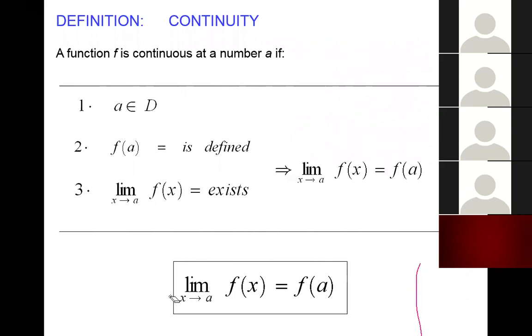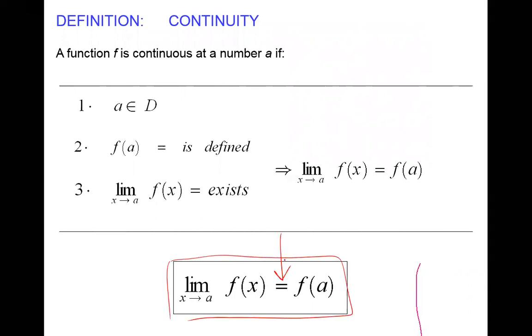That's the shortcut. We have to check the limit, check the value, and check if they are equal. Of course, the number a must be in the domain. If a is in the domain, the value will be defined, and then the limit must exist. Having a value and the limit, we can compare. If they are the same, the function is continuous.